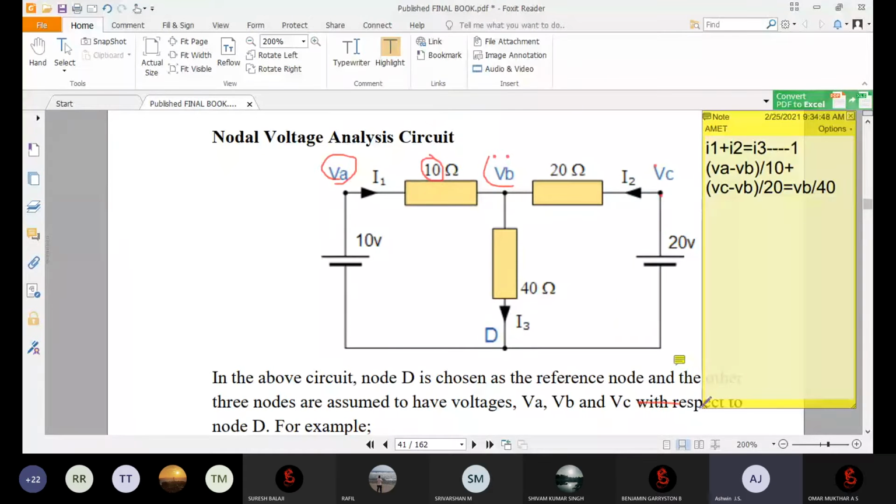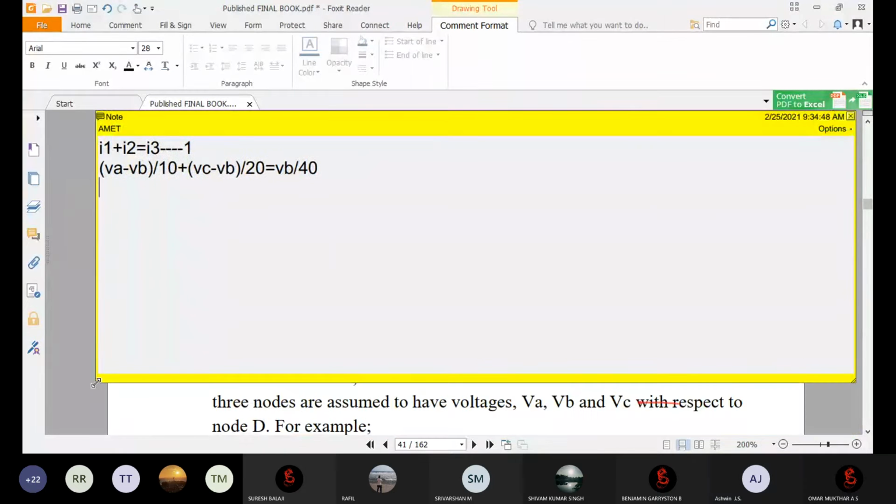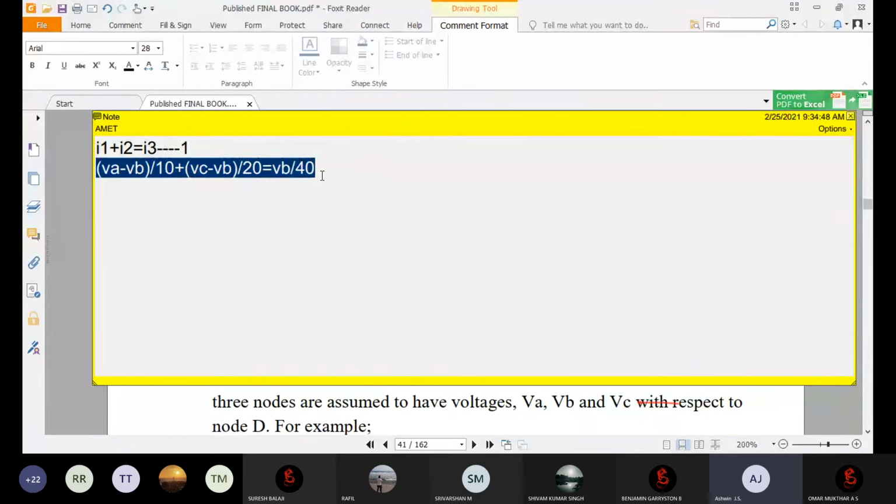Now we will expand this. Equation number 1.